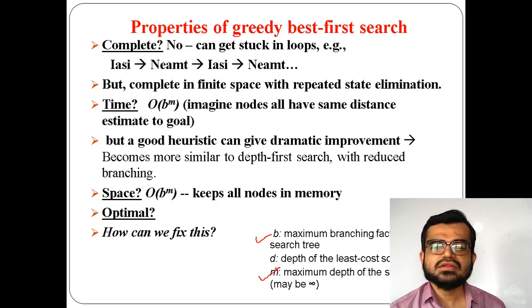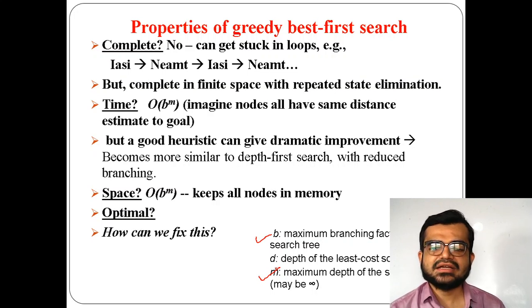But a good heuristic can give a dramatic improvement. How? For example, if I am using depth first search and we have reduced branching, the branch nodes are fewer, then it will be a good heuristic approach. If you go with the space, the space complexity is also order of b to the power of m.